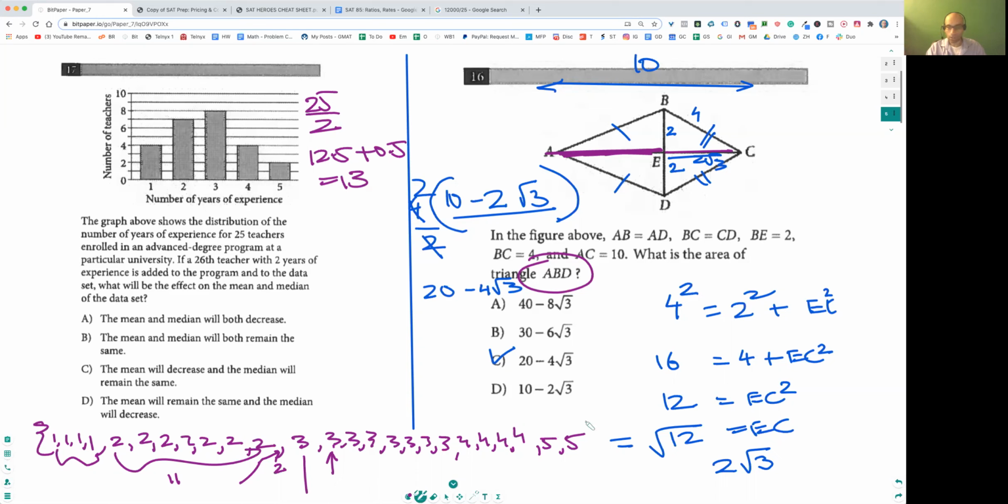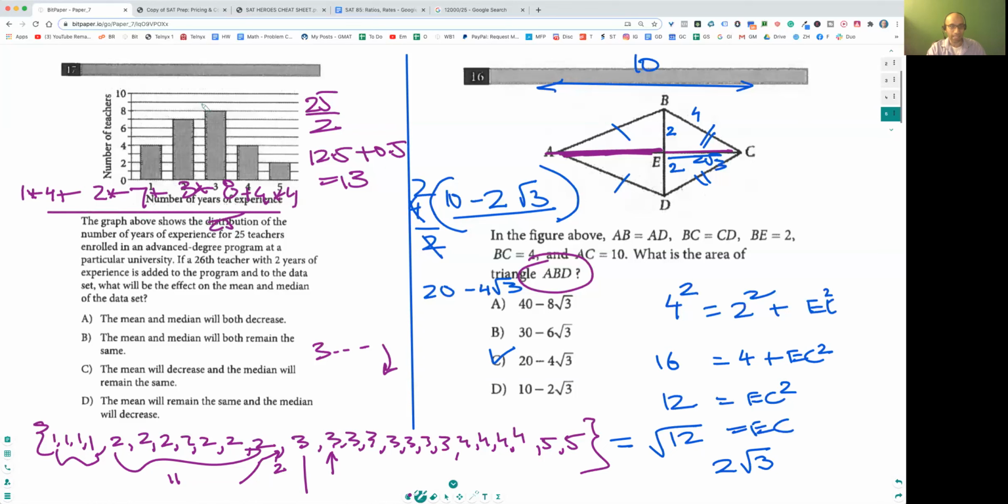Right. So what really happens is the median will remain the same, and the mean. So calculate the mean, right? It's going to be 3 point something, and so the mean will actually decrease. So this one you have to calculate it like 1 times 4, that's 4 over here, plus 2 times 7, plus 3 times 8, plus 4 times 4, and you divide it by 25.